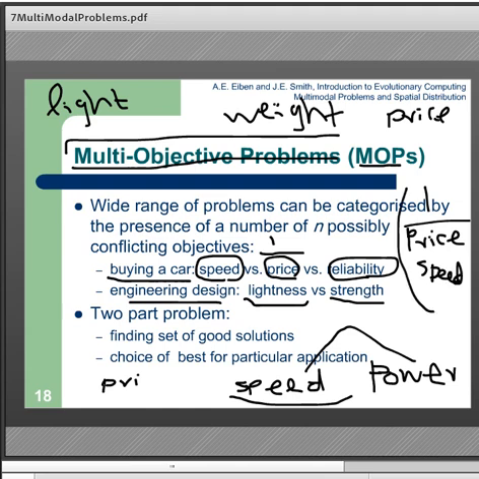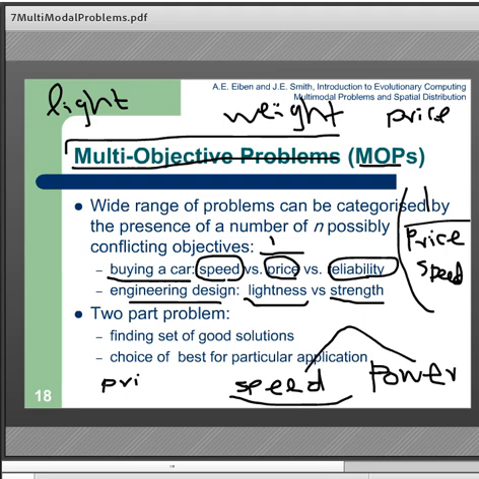These two types of fitness are opposite because we want to spend less money but get higher speed.